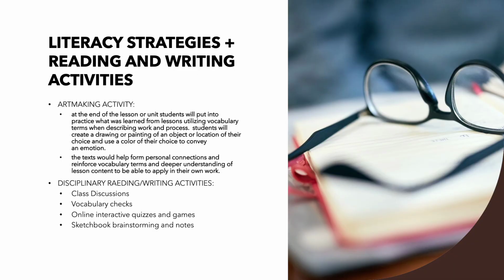Some of the literacy strategies and reading and writing activities that would be included in this lesson. The first is the art making activity. At the end of a lesson or unit, students can put into practice what was learned from the lessons, using the vocabulary terms and describing work and process. Instead of tests, students can be tested by creating a drawing or a painting of an object or a location of their choice, and use a color of their choice to convey an emotion.